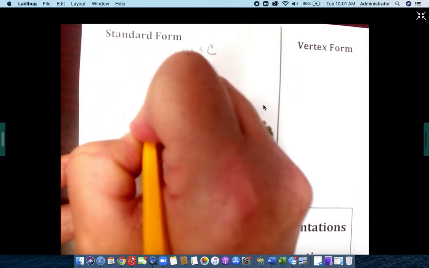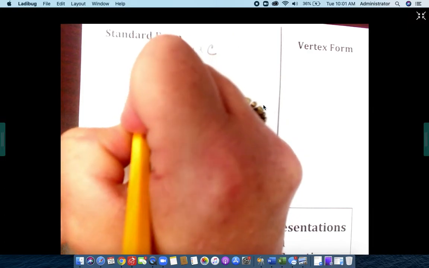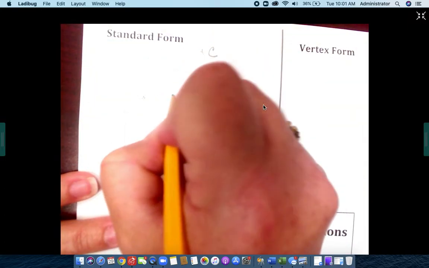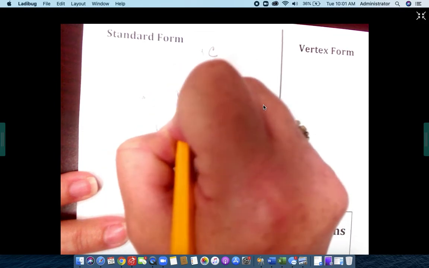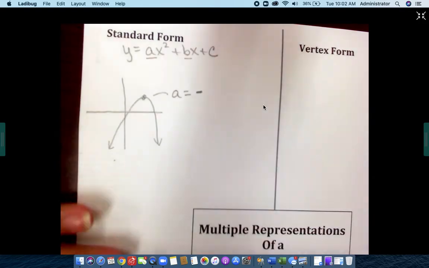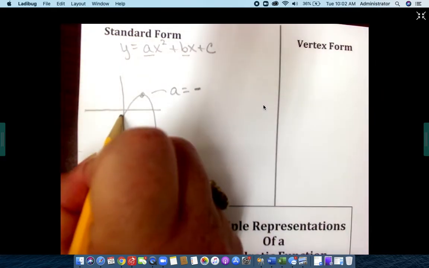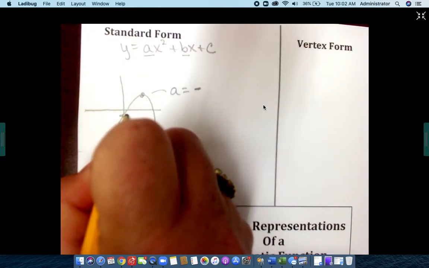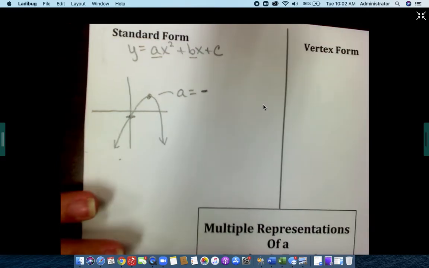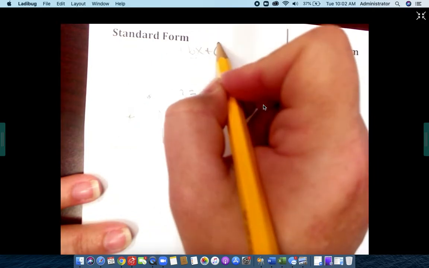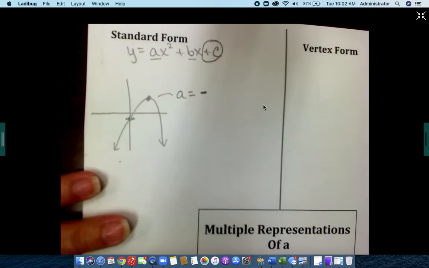If I have a parabola that opens down this time, I know that because of this, my a value must be negative. That's important. We talked about that in the notes. If I have this as my y-intercept, then this point is actually the same as my c value.